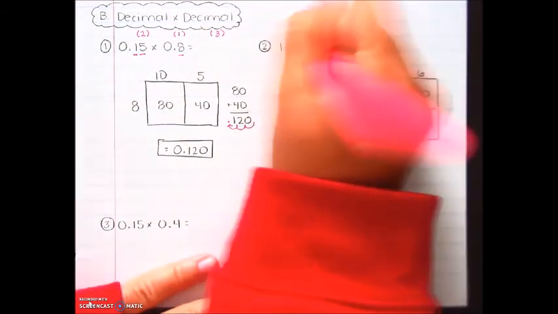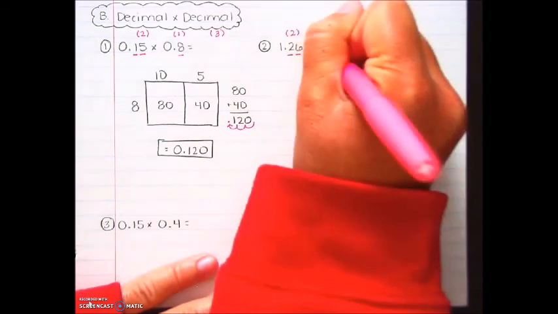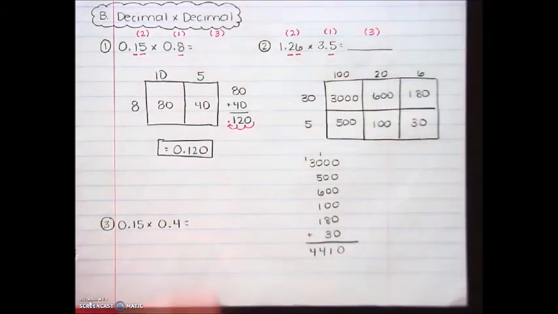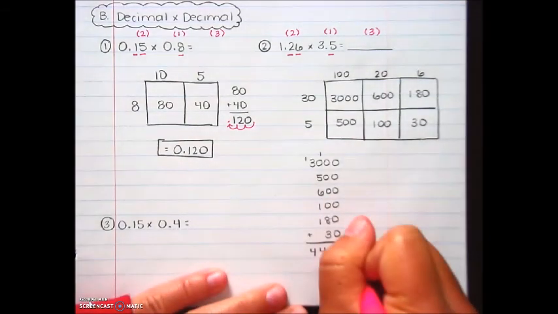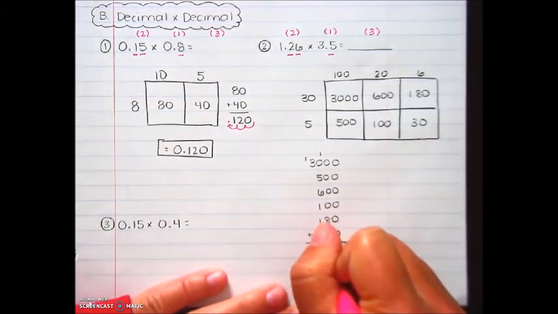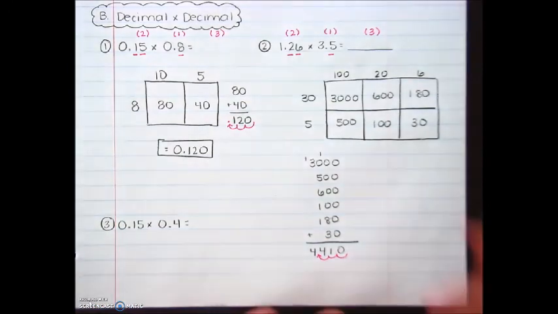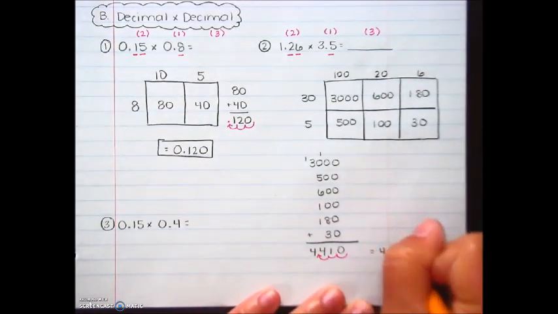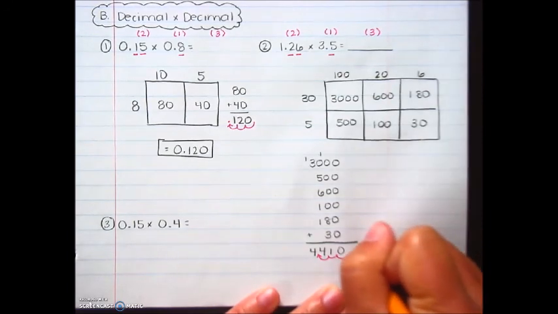So counting my digits after the decimal point, I have 2 and 1, which means my product will have 3 digits after the decimal point. So that means I need to go 1, 2, 3 spaces to the left to give me a final answer of 4 and 410 thousandths.